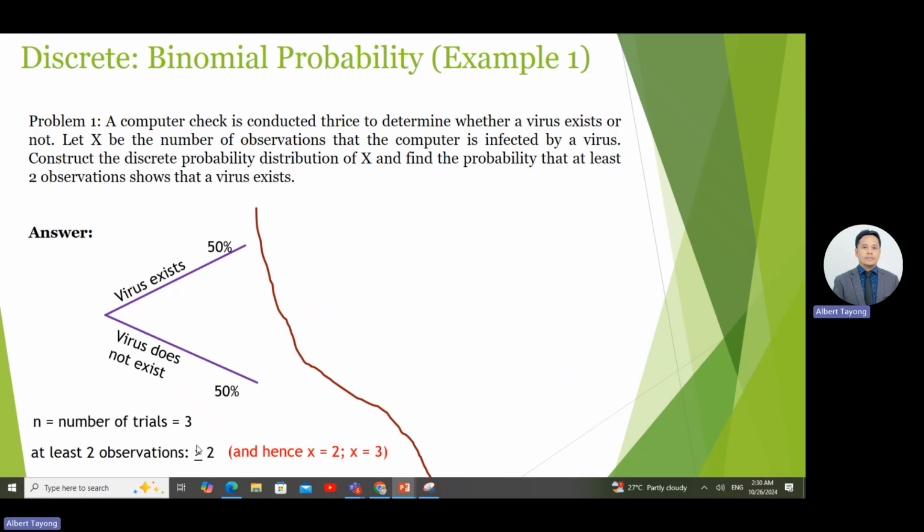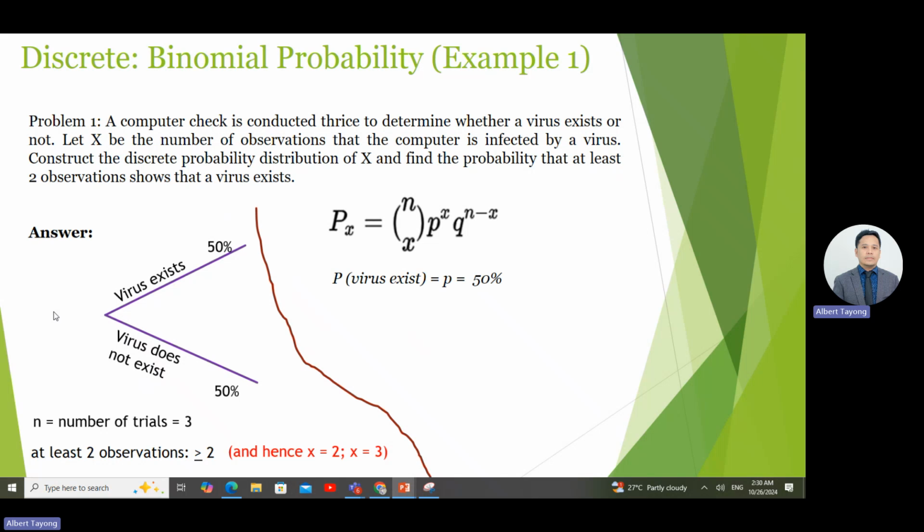So greater than or equal to 2 in this scenario means 2 and 3 only. Okay, so we're going to stop during the third check. First check, second check, and third check, and stop there. And from there, we're going to identify whether a virus exists or not.